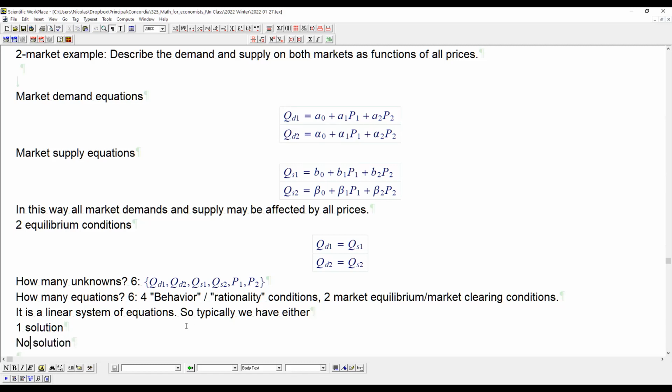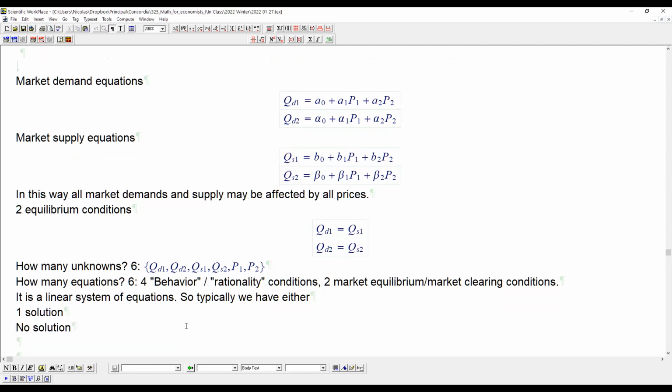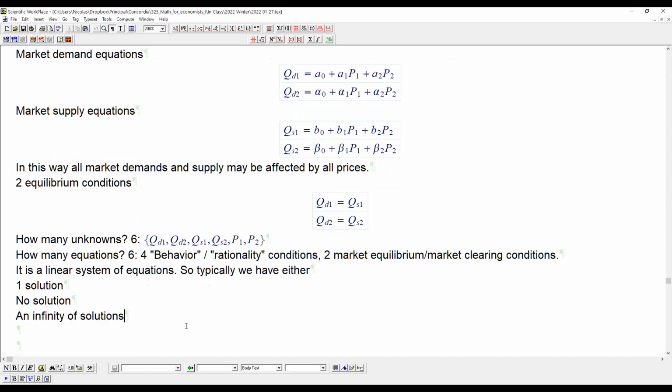No solution, or an infinity of solutions. So those who said a lot is good. If it was something quadratic or cubic, for instance, then you can have as many possibilities as you want if you go to higher orders. But for linear systems, that's typically what we're going to have.